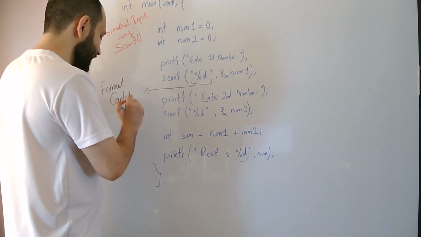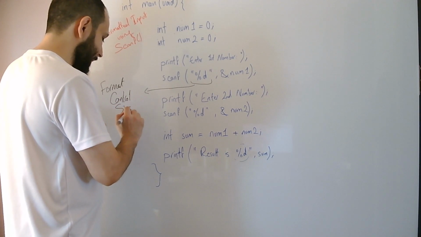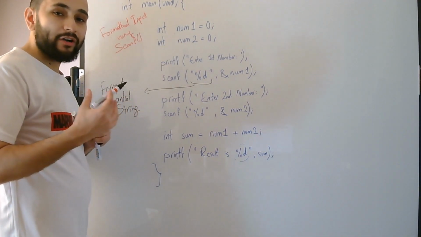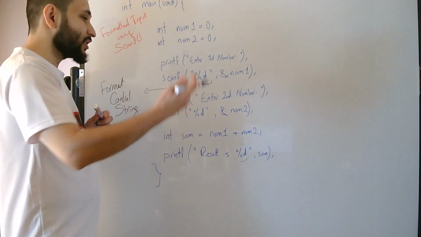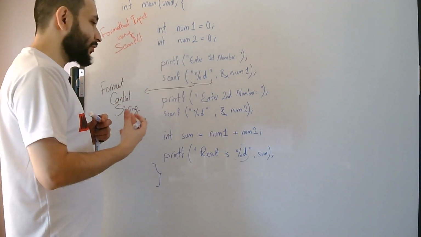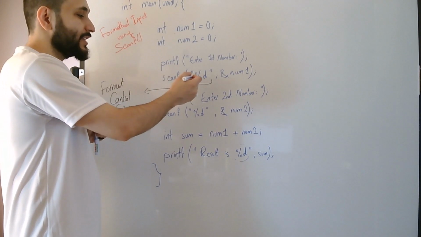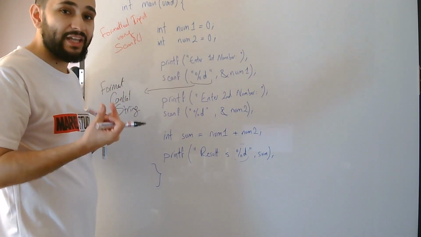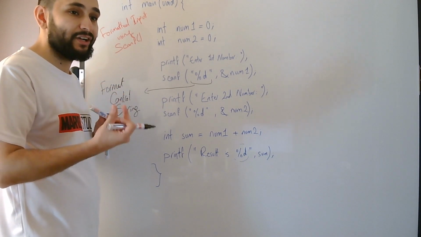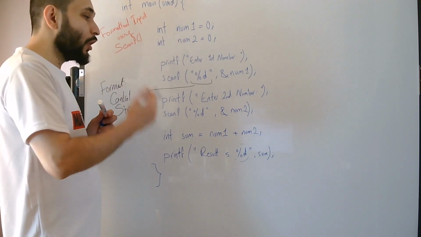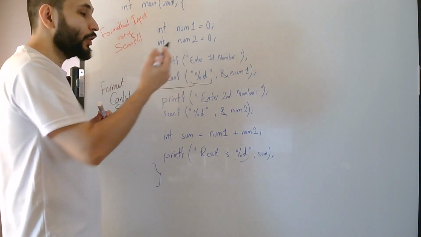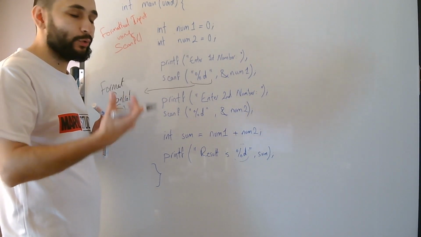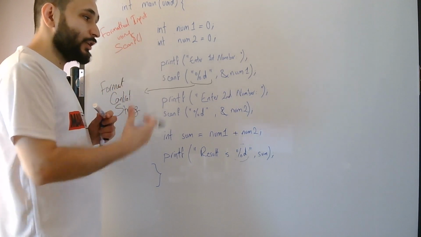Basically, using this string, we are defining the format of the input that we are getting from the user. Here we have this %d, and this %d is a conversion specifier for integer. So we are indicating that we are expecting an integer value to be inputted by the user.